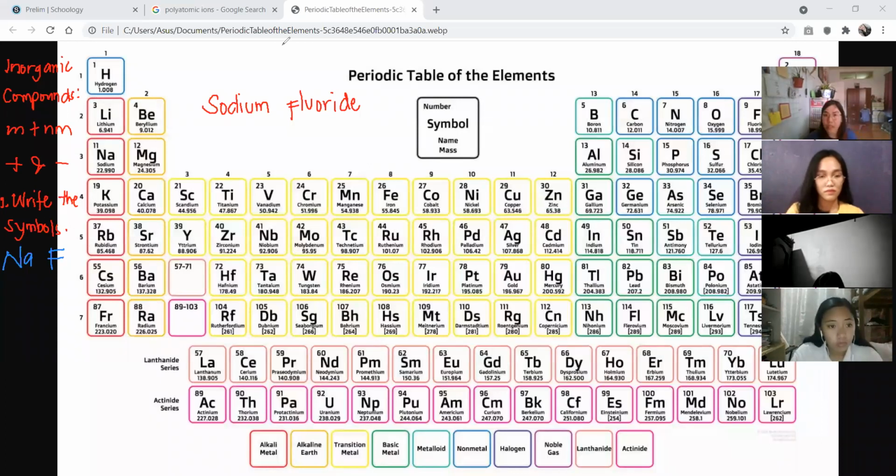Now, next. The next thing that we are going to do is to write their charges. Now, sa lecture, di ba, I told you how to identify the charges of the elements. Tama? Sa lecture kanina, I hope nag-take note kayo nung how to know the charges of the elements. So, let's see if naminaw. Unsa ba ang charge sa sodium class? +1.